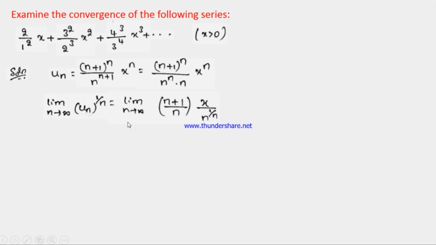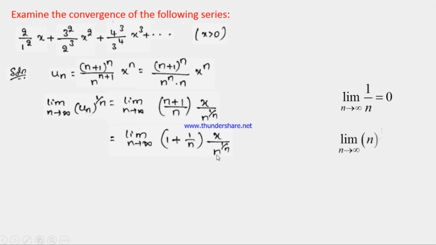Now as n tends to infinity, this can be rewritten as n by n is 1 plus 1 by n, x divided by n power 1 by n. We know limit n tends to infinity 1 by n is 0, limit n tends to infinity n power 1 by n is 1.